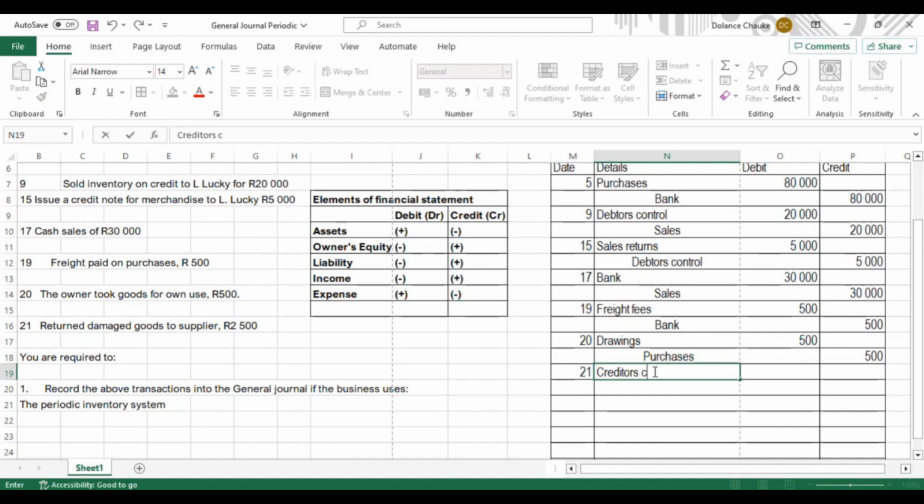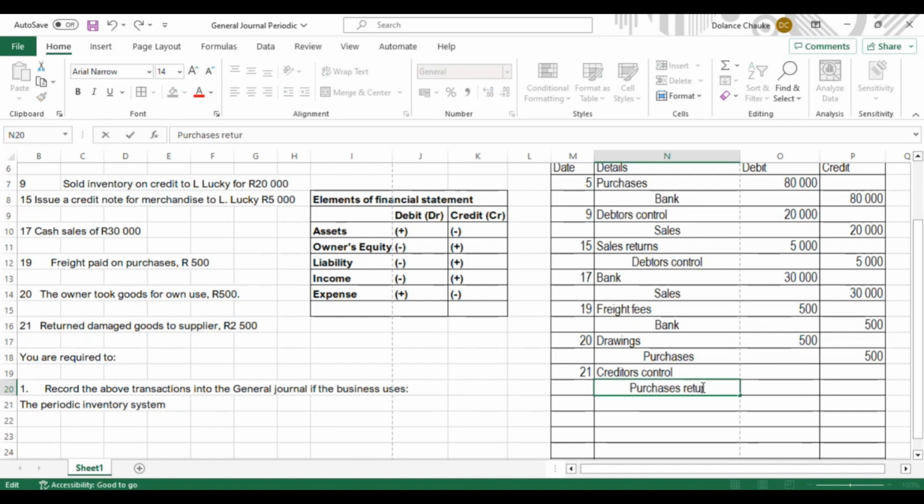Creditors control there, right? Because your creditors are decreasing. And whenever liabilities are decreasing, we debit. That's why I'm debiting your creditors there. And I'm going to credit purchases returns because I'm returning goods as a business to the suppliers.